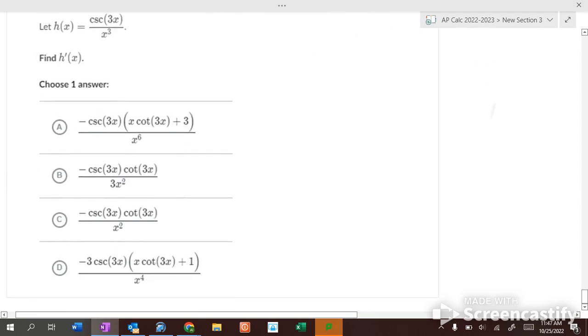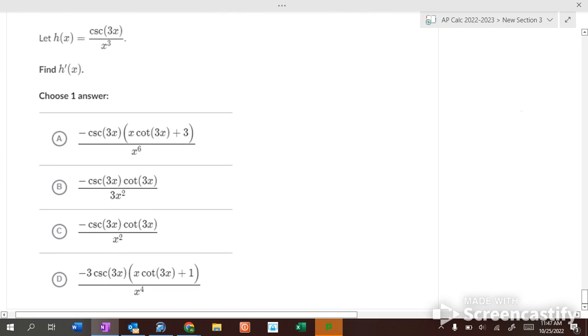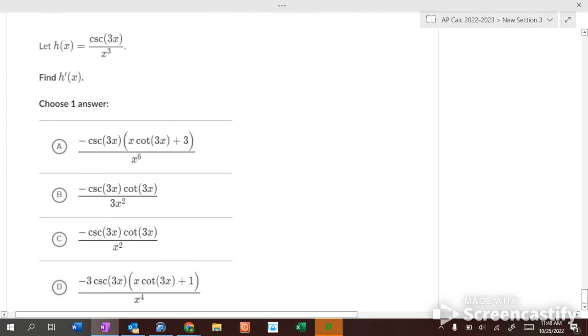Last one. Last one. All right. What do we do? There's a quotient rule and the chain rule. Way to go, Miles. So it's x cubed times the first derivative of this. Should we just go straight to the first derivative of this? What is the first derivative of cosecant?